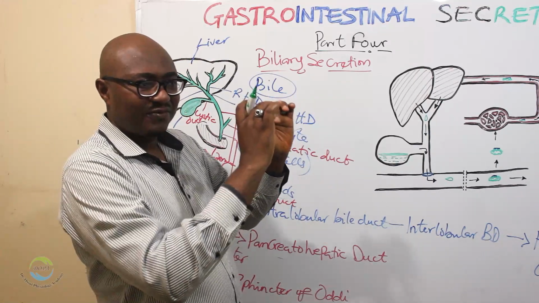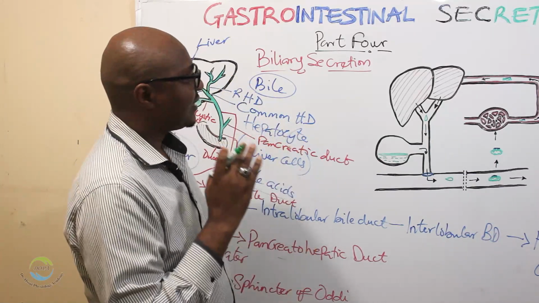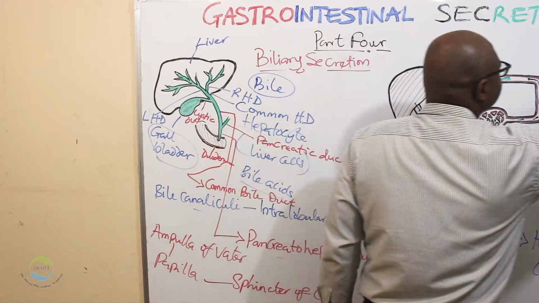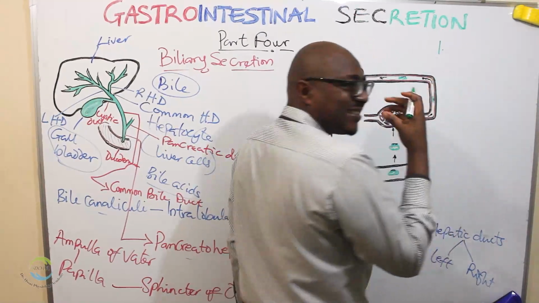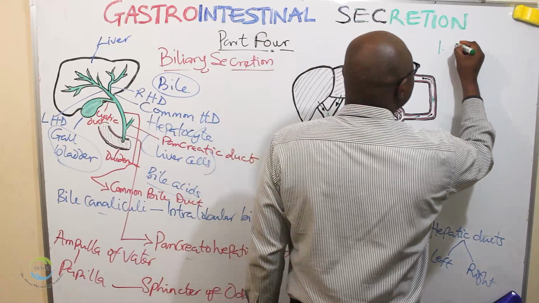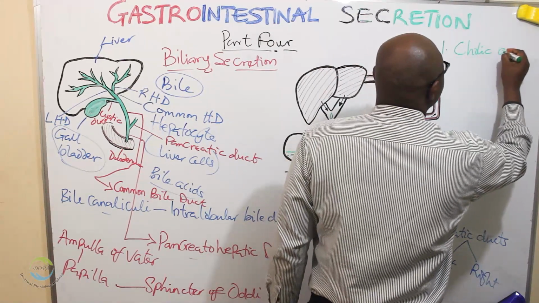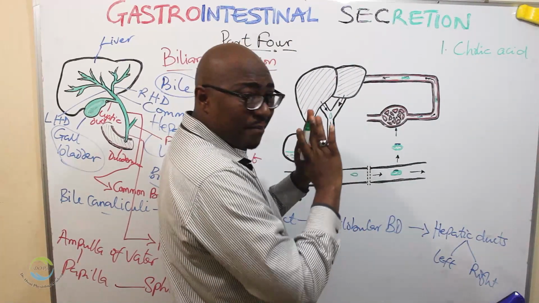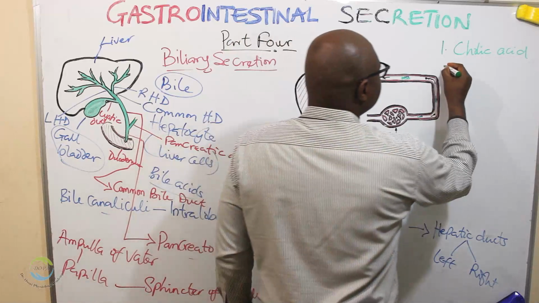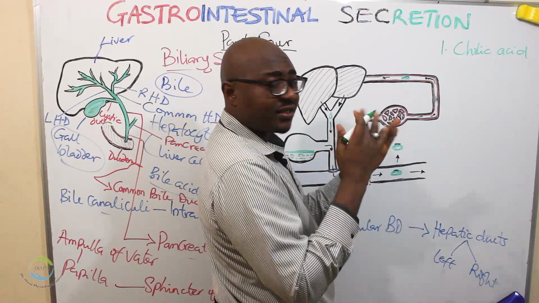Bile itself, it's bile acid, and there are 2 kinds of bile acids that the liver synthesizes. One of them is called cholic acid. Okay? These are bile acids. The liver synthesizes this bile acid from cholesterol.